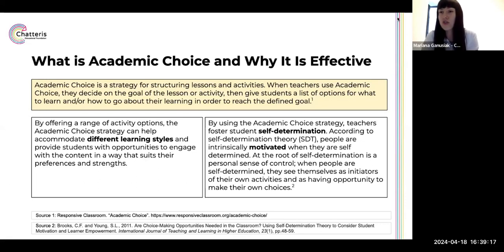So by giving students options on what they can do and how they can engage with content, you can engage more learners and motivate them to be more proactive and more engaged in lessons.